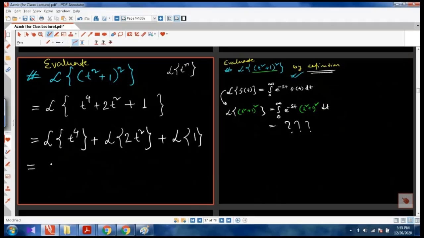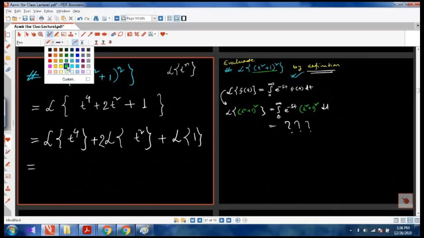Again, what we can write? We can directly write 2 before the Laplace transformation because 2 is constant. So I hope you have understood up to this part.